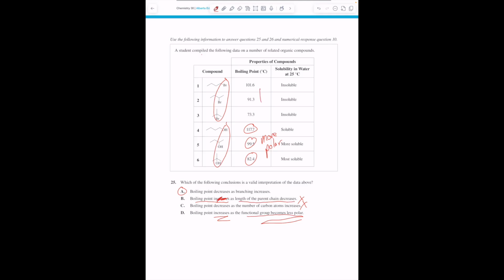These ones up here would be less polar. So does the boiling point increase as we become less polar? No. The boiling point decreases as we become less polar. Okay, so that's that answer. 25 is A.